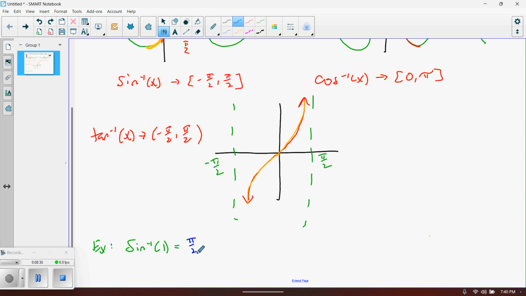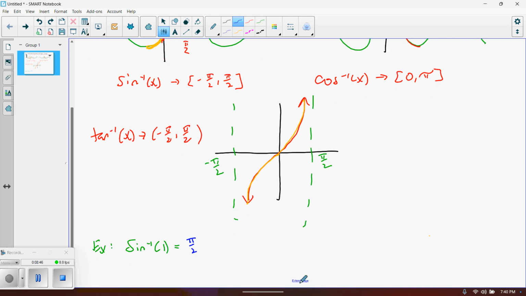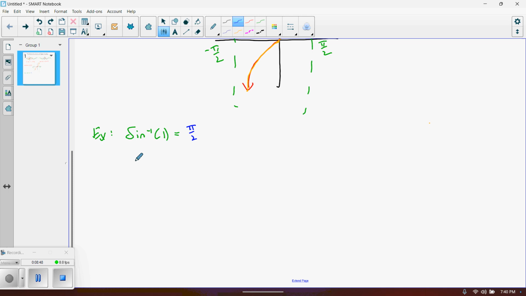Technically, the way you would actually write it out to solve it is you would say, okay, I've got sine inverse of 1, and that's going to equal some kind of an angle, theta. Well, in order to undo sine inverse, what you really need to do is composite that inside of sine. So you would really say, I'm going to take the sine of both sides.